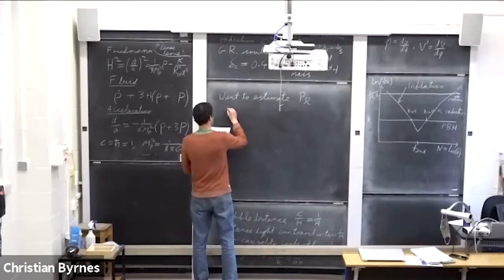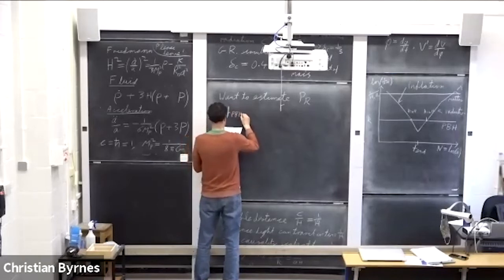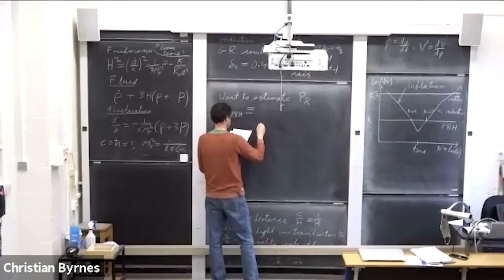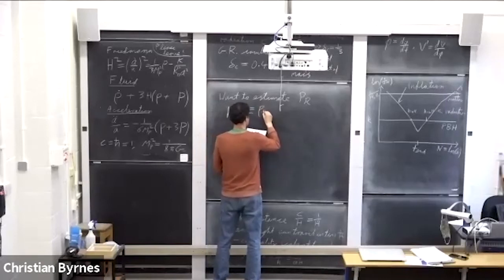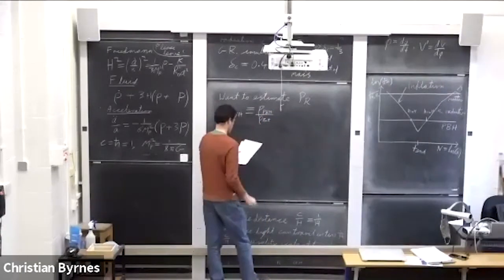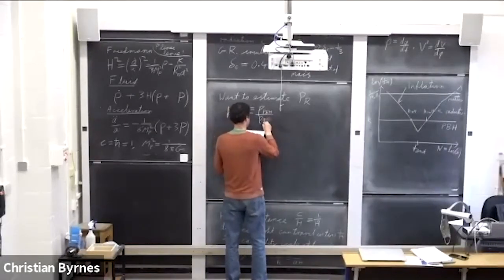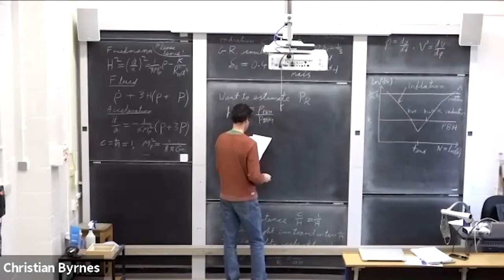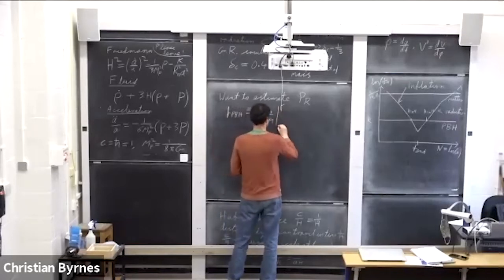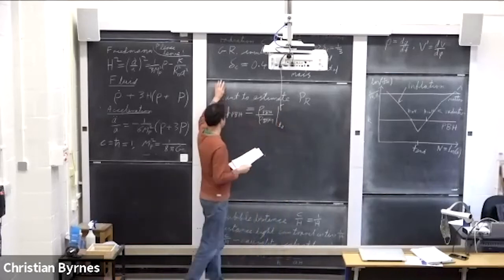So let me define f PBH and rho PBH. Sorry, no, that's wrong. I have a rho dark matter measured today, at time t0.